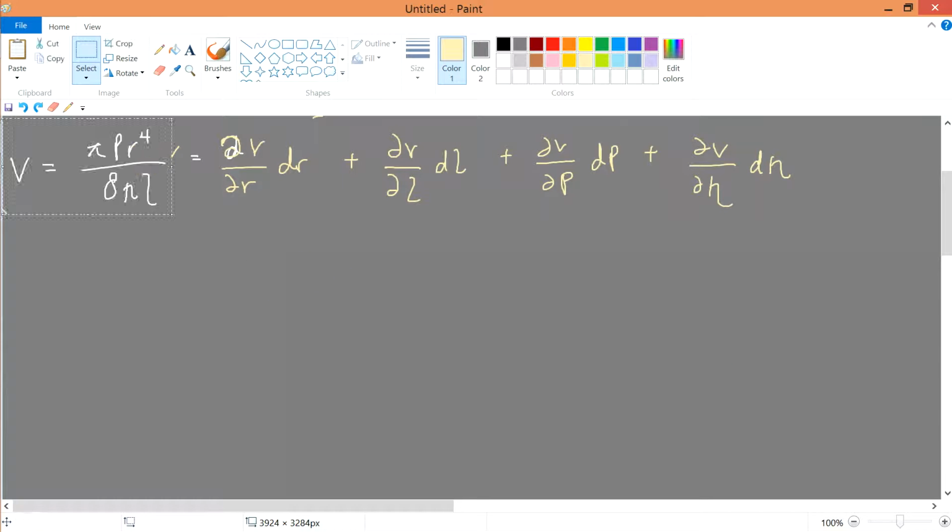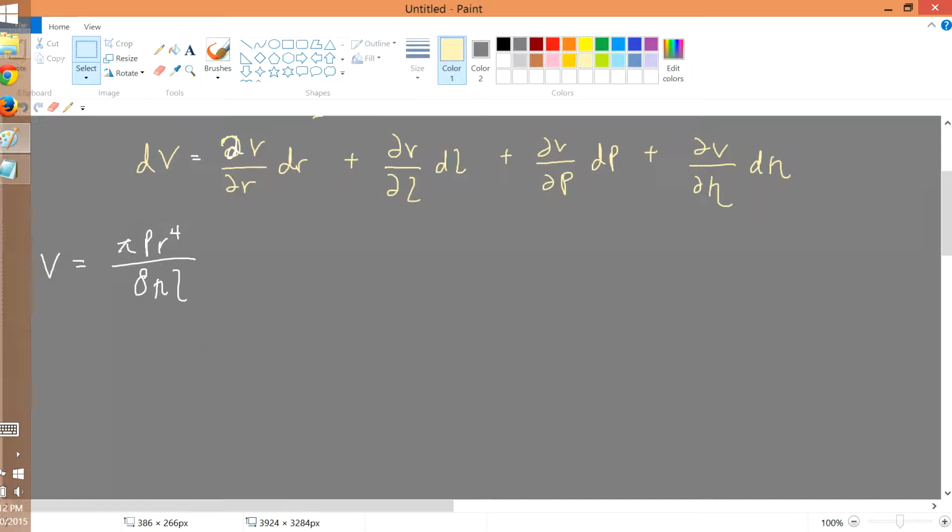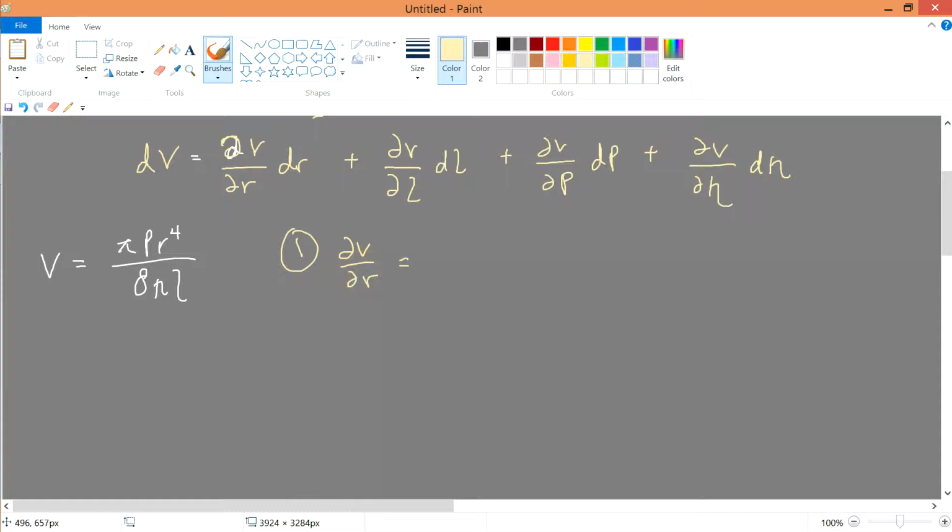So let's differentiate in terms of R. Partial V partial R equals, if I differentiate, 4 R cubed pi P over 8 n L. That's all I'm doing, just differentiating the R.